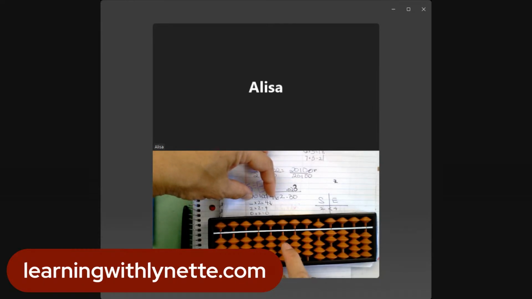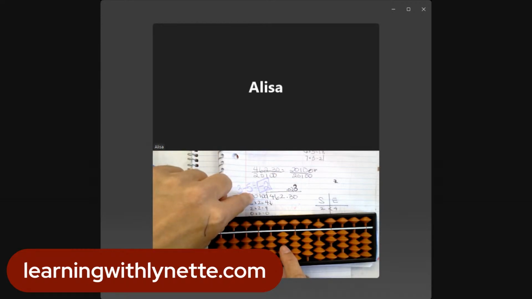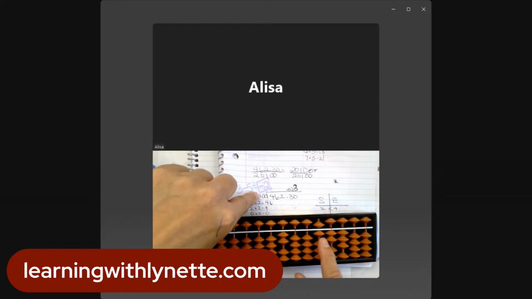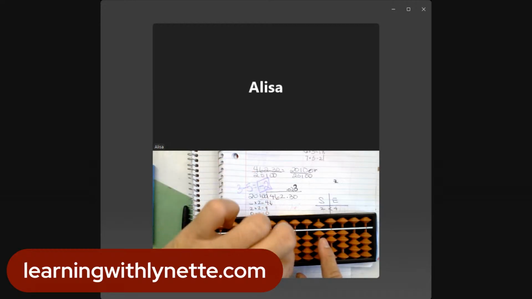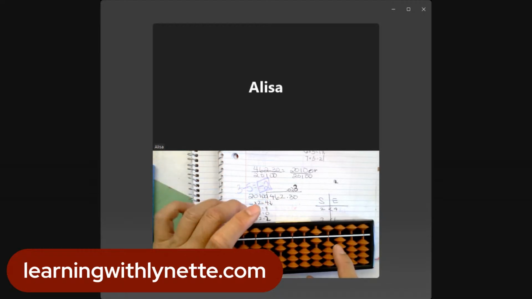So 2 times 2 is equal to 4, so I take away the 4. 2 times 0 is 0, a single digit, so I take away 0 here. Then 2 times 1 is 2, a single digit, I take away 2. Okay, now I'm done. I have to count it again.